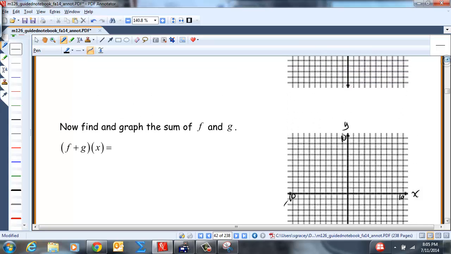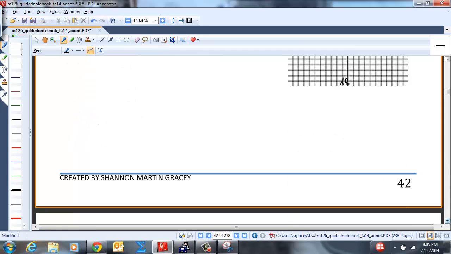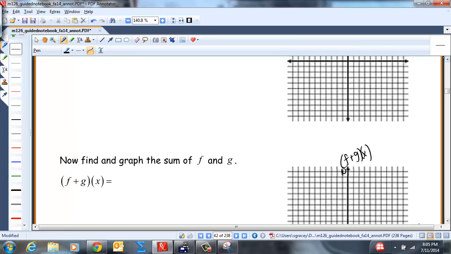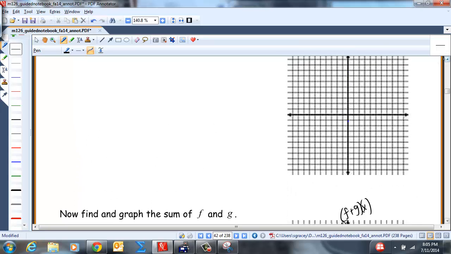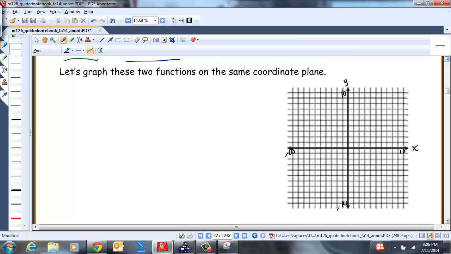We'll actually be changing the y coordinate, and this will be changed to f plus g at x. But we still have to do the initial ones. So here we are, x and y, 10, 10, -10, -10.